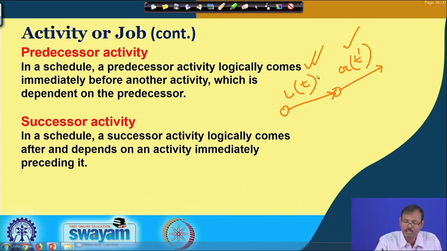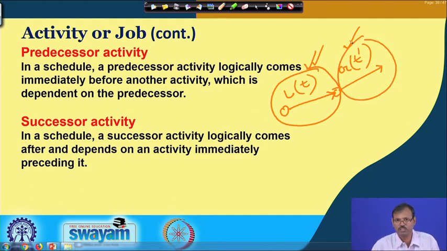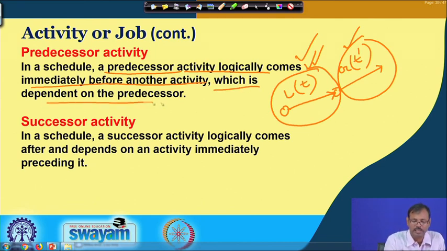So that is why this activity is the essential activity required before this unit operation, that is why it is called the predecessor activity, predecessor job. In a schedule, a predecessor job must logically come immediately before the other activity on which that activity depends. Without it, the activity cannot start.